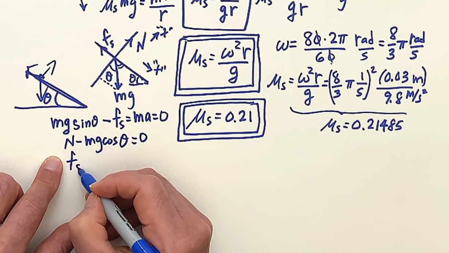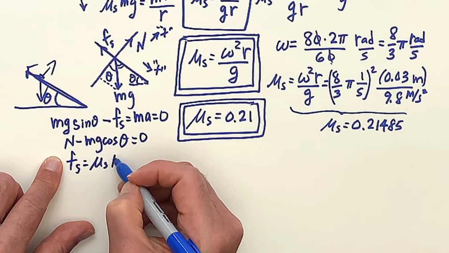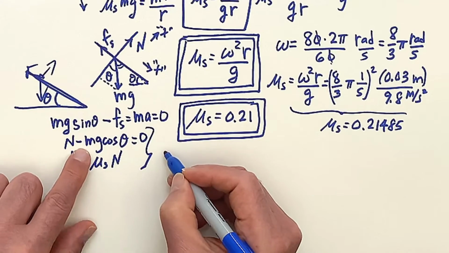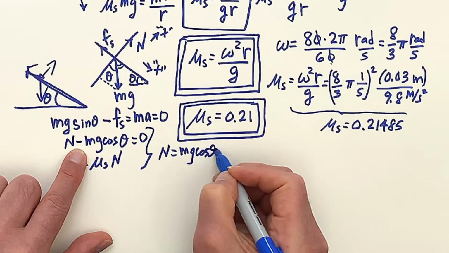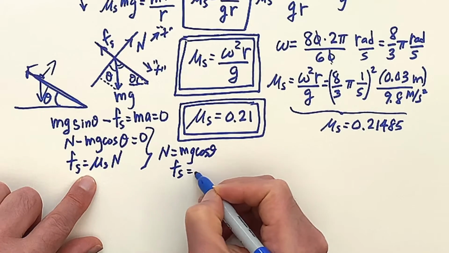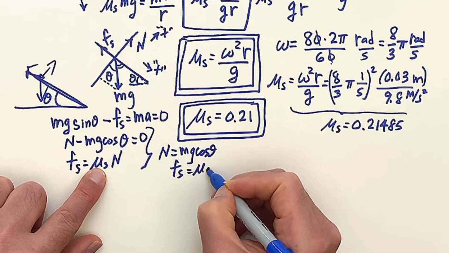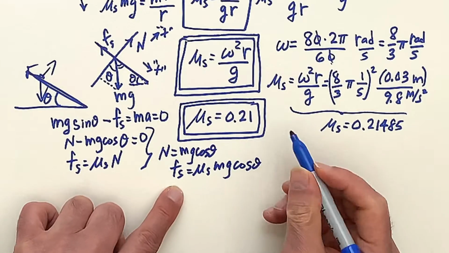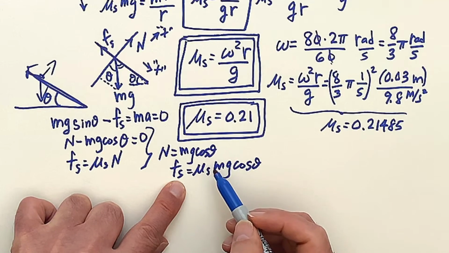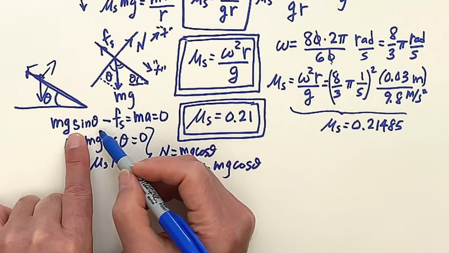And I have the auxiliary equation. So these two will get me n is mg cosine theta, and then Fs is the coefficient of static friction multiplied by n. It's a good review. Then what we do is we plug this in this equation.